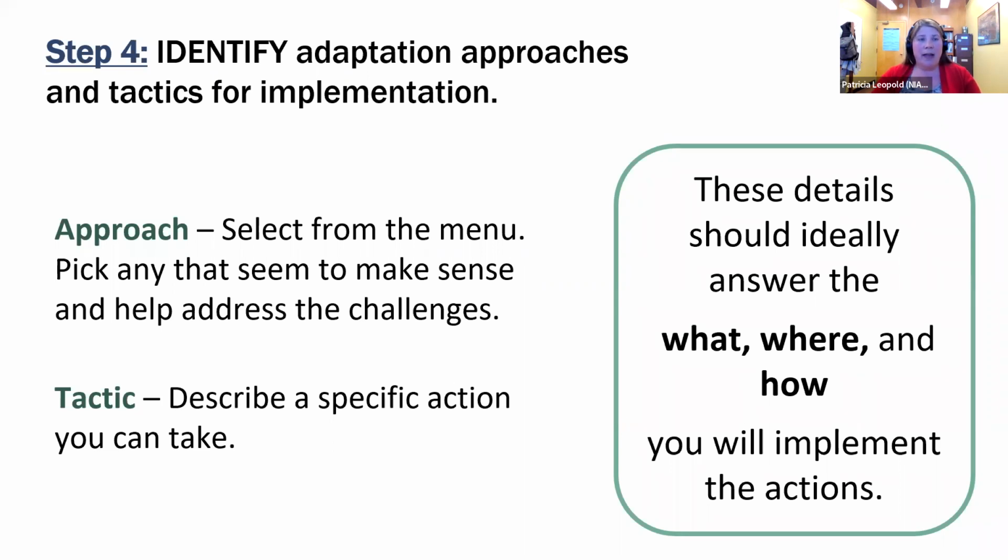Next, you'll identify your tactic. And so this tactic describes the specific action that you can take to implement that approach. And so when you write your tactic, you'll usually include details about what, where, and how you will implement actions.